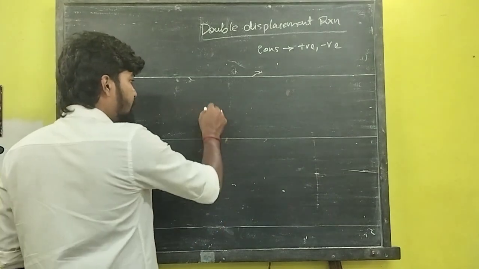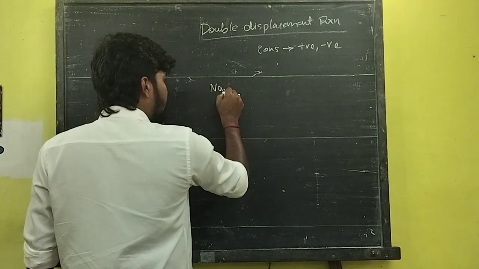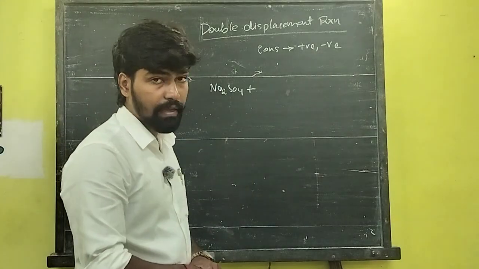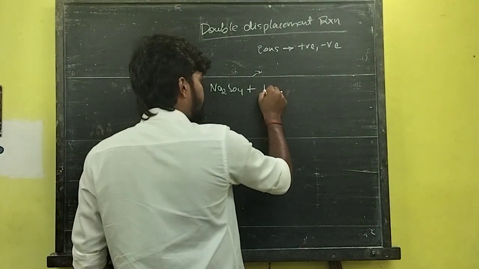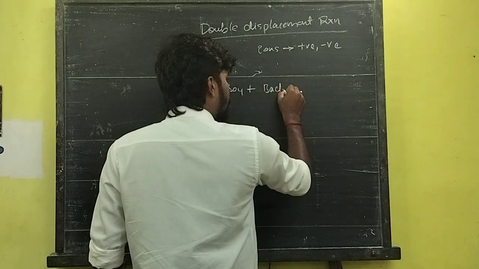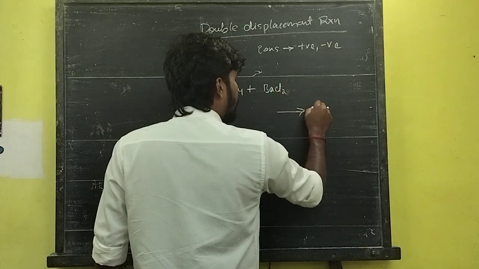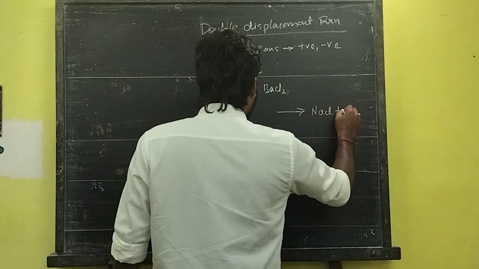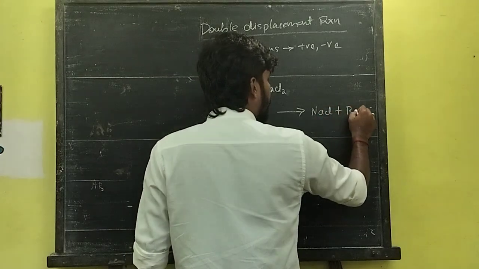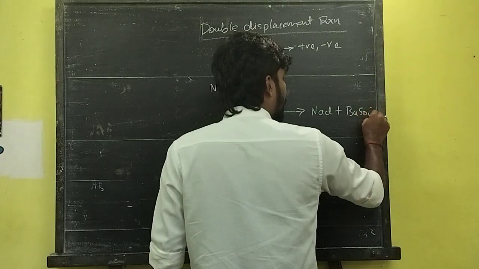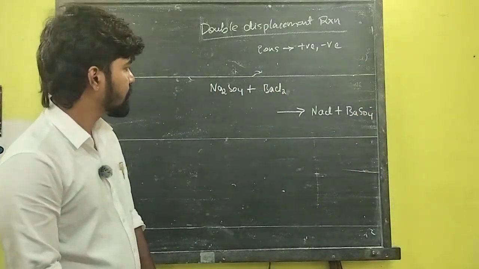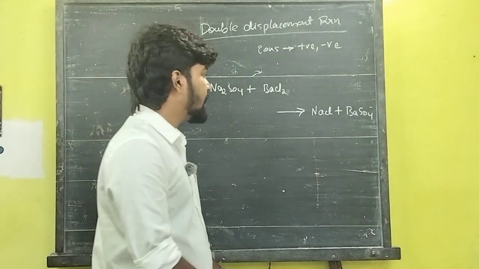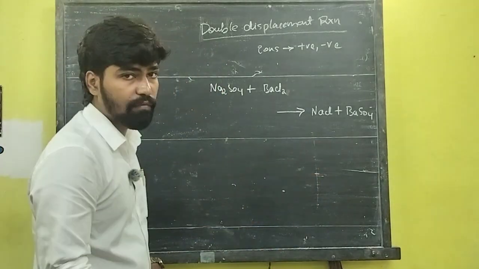Na2SO4 plus BaCl2 will give you NaCl plus BaSO4.